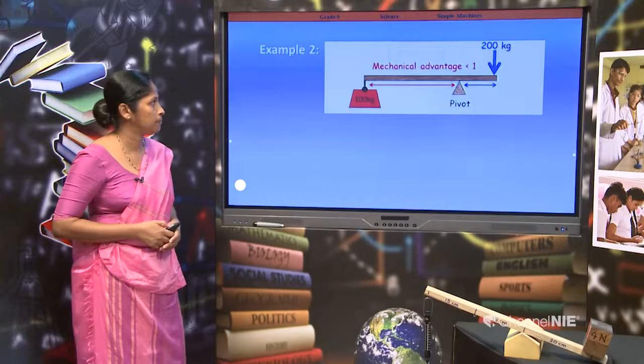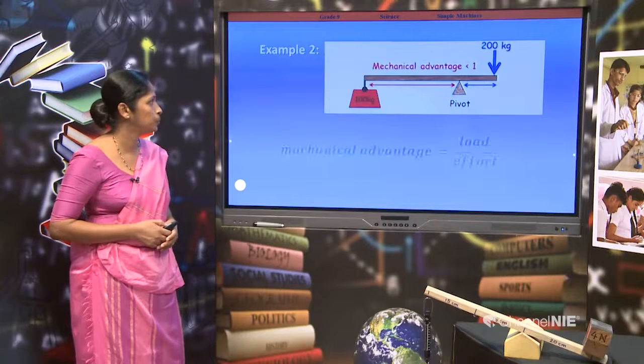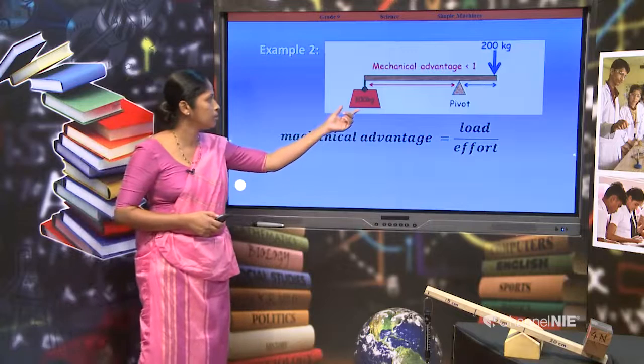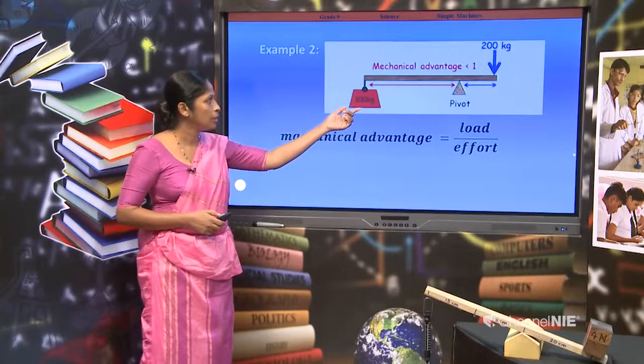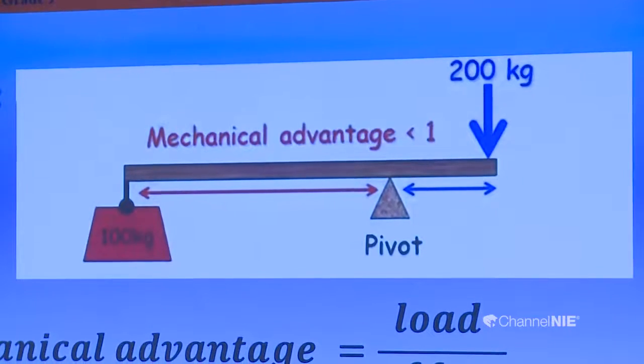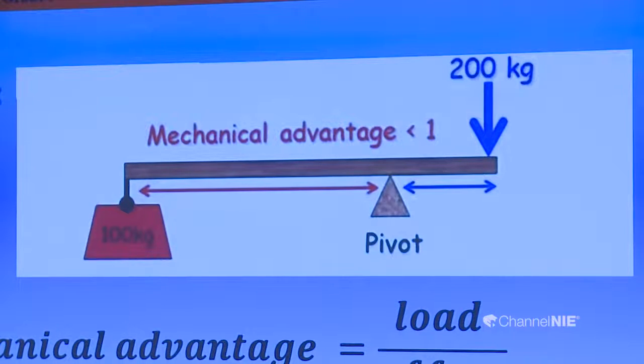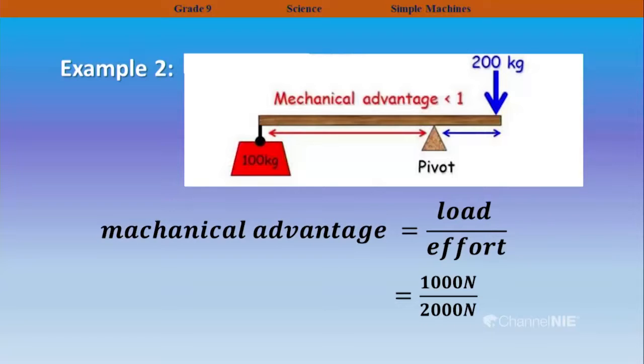Another activity, example 2. Here, the same boulder is lifted by exerting a force of 200 kilogram, and that is equal to 2000 Newton. Load is 1000 Newton.